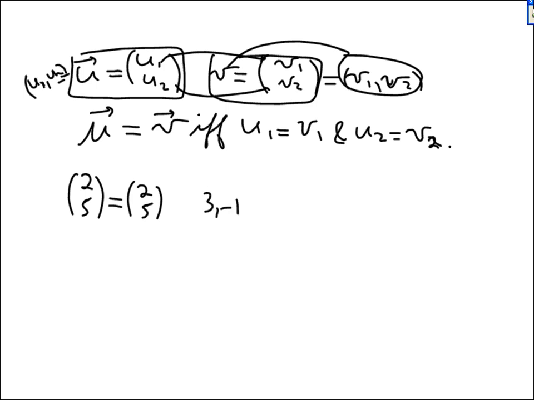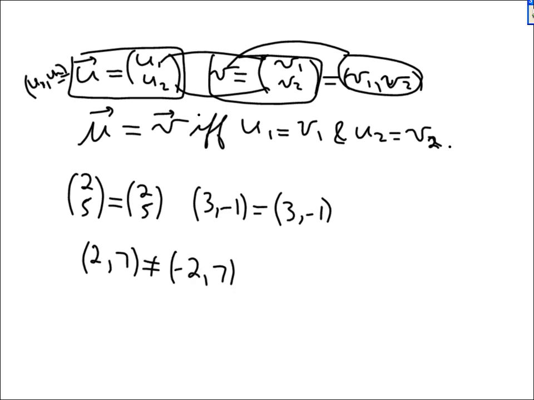Vector (3, -1) does equal vector (3, -1). (2, 7) does not equal (-2, 7). The x values are different. (3, -9) does not equal (3, 9). The y values are different.